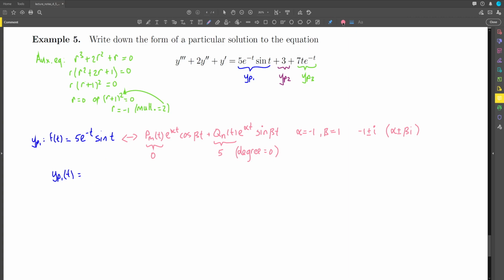So our particular function will look something like a naught times e to the power -t cosine t plus b naught e to the power -t sine of t.